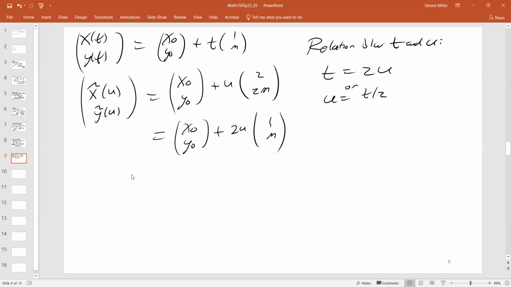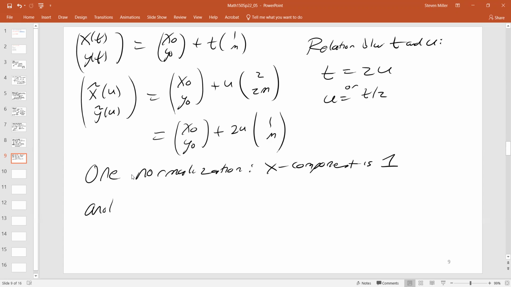So one normalization is that the x component is 1. There is another normalization. Another is the norm of the slope vector equals what?